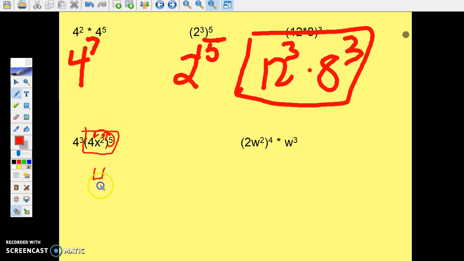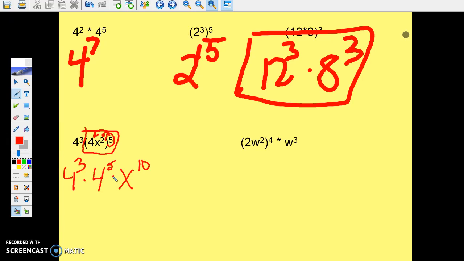So I now have 4 to the 5th and x squared to the 5th power. Then I have a 2 times 5, so that becomes x to the 10th power. And remember, you also had that 4 to the 3rd power out in front. So now that gives me 4 to the 3rd power times 4 to the 5th power times x to the 10th power.